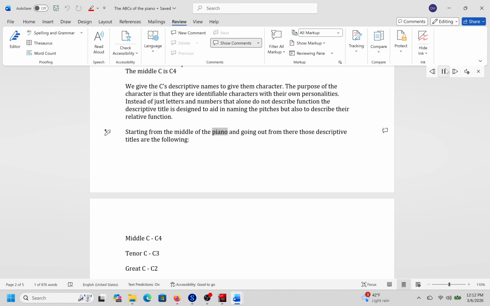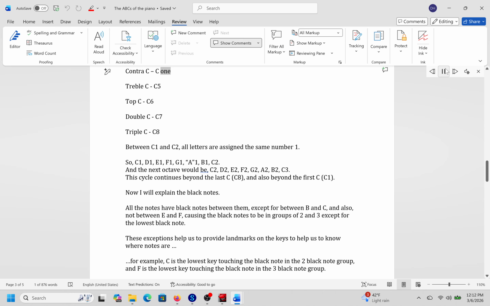Starting from the middle of the piano and going out from there, those descriptive titles are the following: middle C, C4, tenor C, C3, great C, C2, contra C, C1, treble C, C5, top C, C6, double C, C7, triple C, C8.